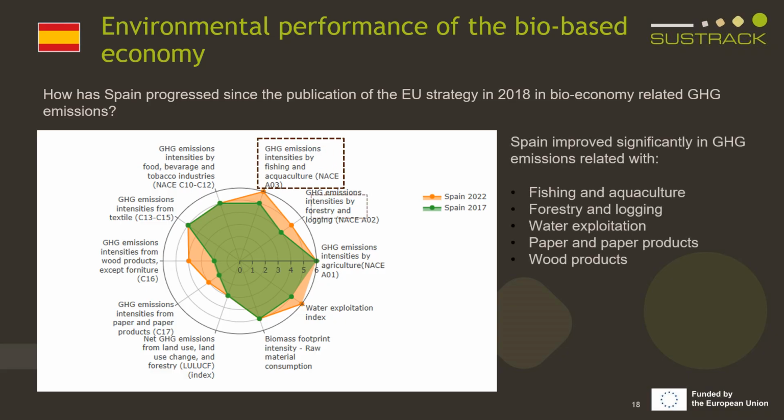In the case of Spain, we can see that it improved significantly in greenhouse gas emission from 2017 to 2022 in different sectors, including fishing and aquaculture, forestry and logging, water exploitation, paper and paper products, and finally wood products.